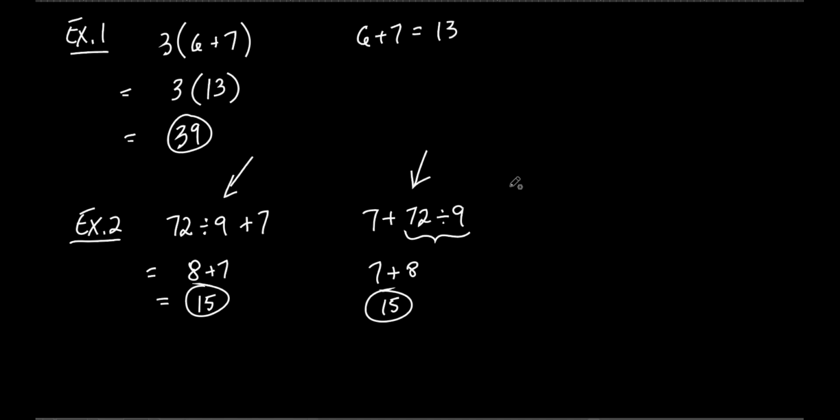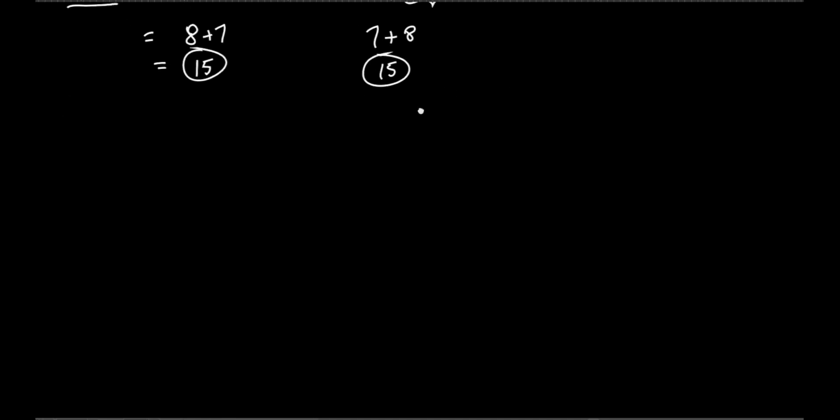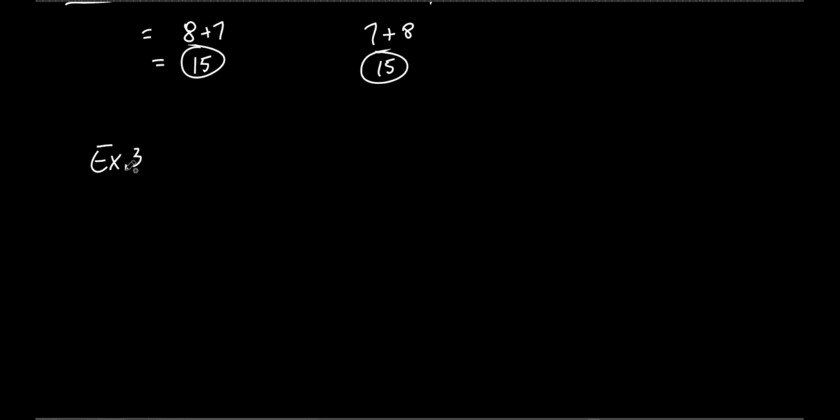Let's do... that one's kind of the same. All right, let's do this one. This one introduces some more parentheses. Let's do this. Example 3. So let's go 40 divided by 4 minus 5 minus 3.